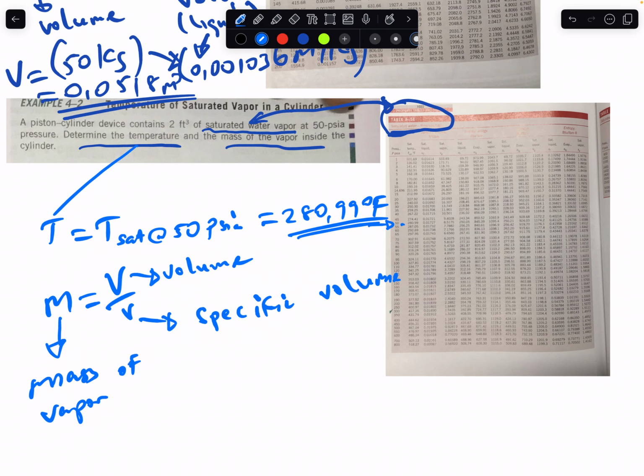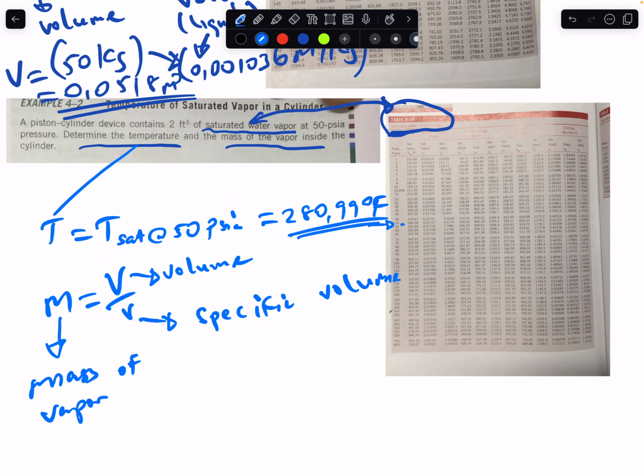So when I look at my property table at 50, I need to get the mass of that particular fluid, which the question says is mass of vapor. So what is the mass of vapor? I have the volume, and I need to get the specific volume. So when I look at vapor at this pressure, I need to get a specific volume.